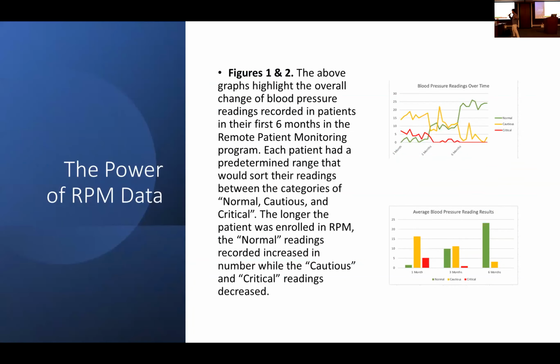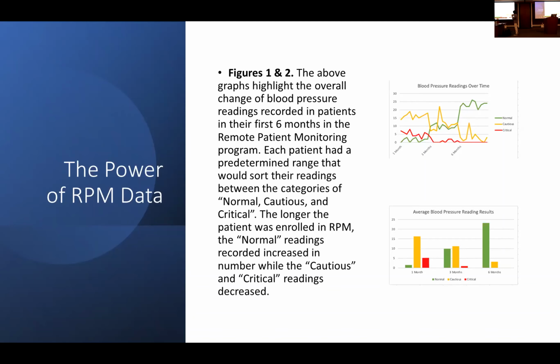All right, so this is the power of remote patient monitoring, right? This shows, within a 6-month period, the average blood pressure reading within AACHC that started it, not just the devices, but really a program to create that behavior change.